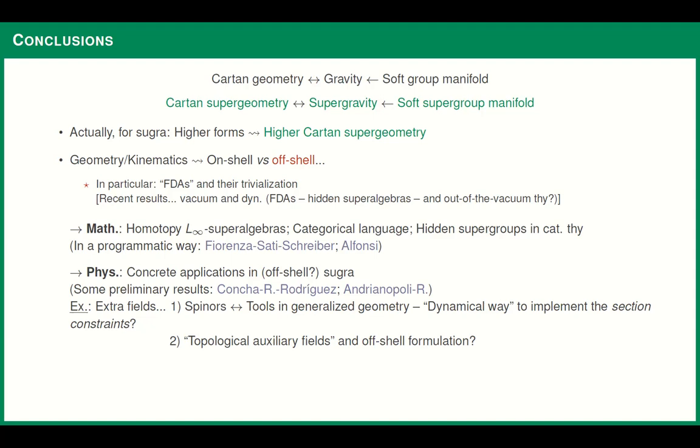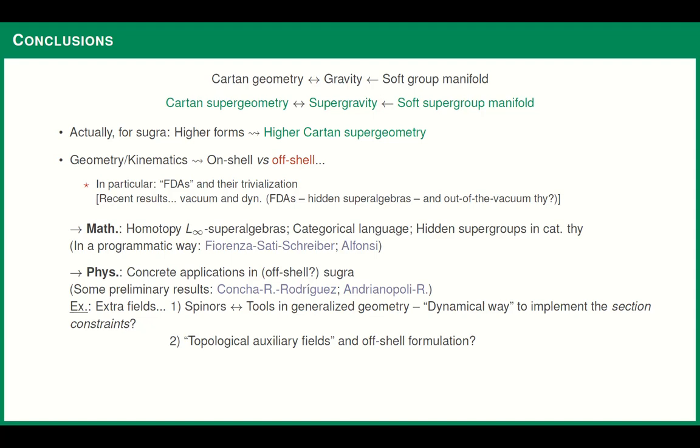And other possible open directions, especially in this context of trivialization of free differential algebras, were to see these extra spinors as possible tools to adopt also in generalized geometry and so on, because of the way in which they make this hidden supergroup look like a super fiber bundle.